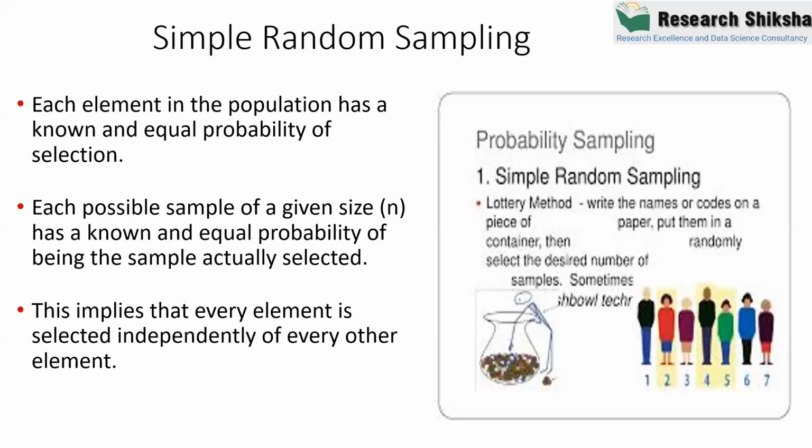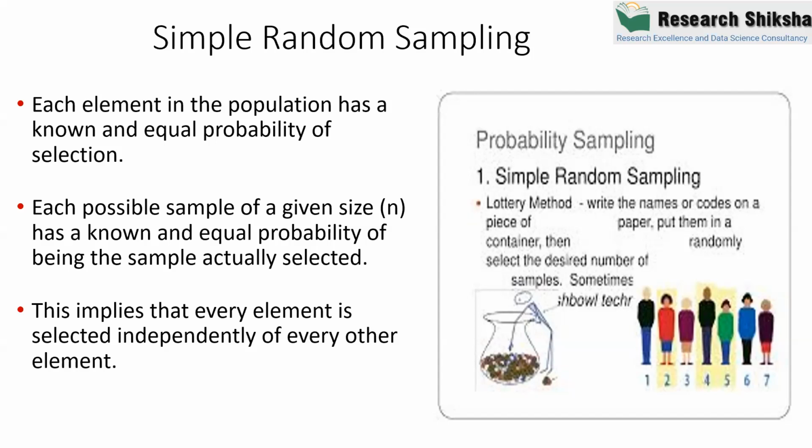Now you know that there are two types of lottery: one is called the manual lottery method, and the second is known as the computerized lottery method. But you know that the manual lottery method is not possible in sampling, so we always go for the computerized one.